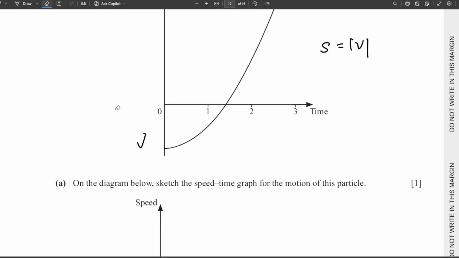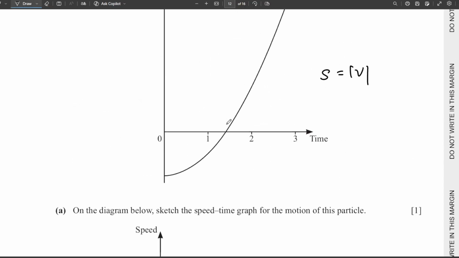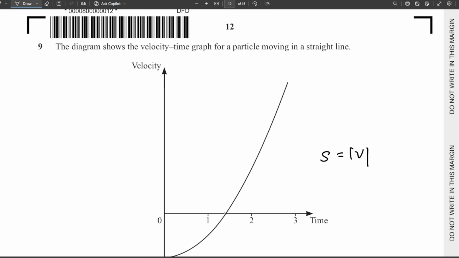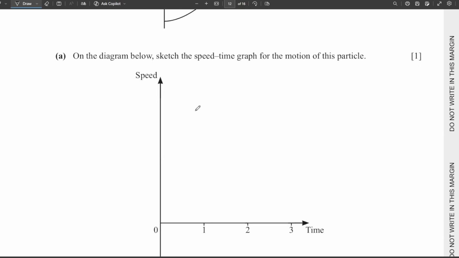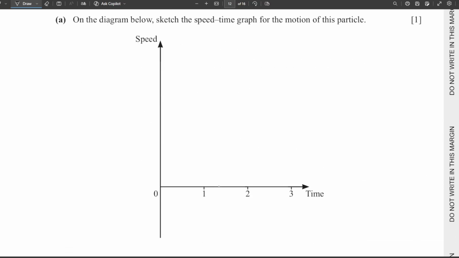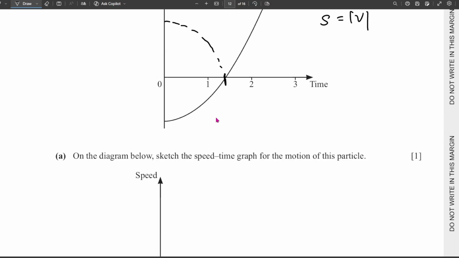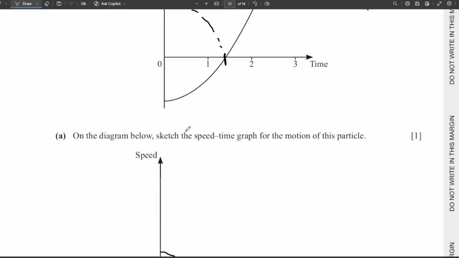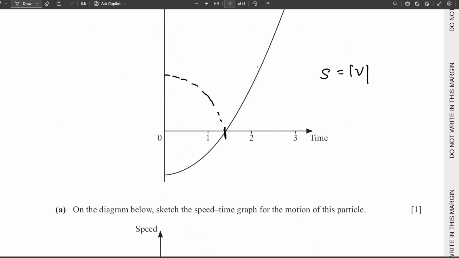So if you can recall, how do we plot the modulus graph or the absolute value graph? You just reflect whatever is in the negative axis. You just reflect it on top. Okay, so we will try to do this as accurately as possible. So the axis intercept is at around 1.4. So we'll do that also, and it's a curve towards the y-axis, and then this is a curve away.